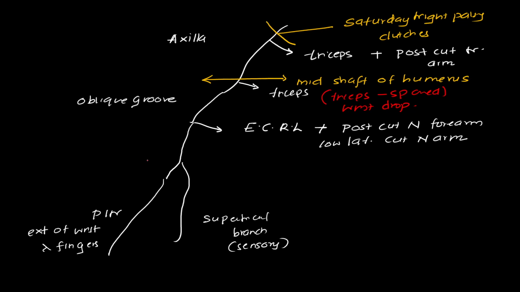Then sometimes, the posterior interosseous nerve passes between the two heads of the supinator. Due to the presence of a few bands, the posterior interosseous nerve may be compressed.